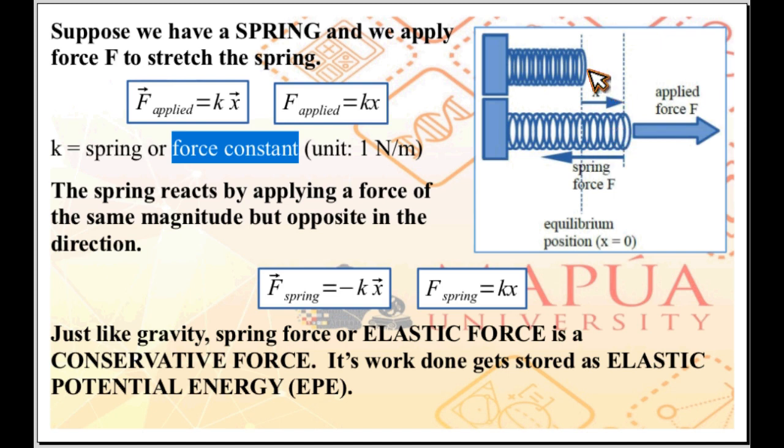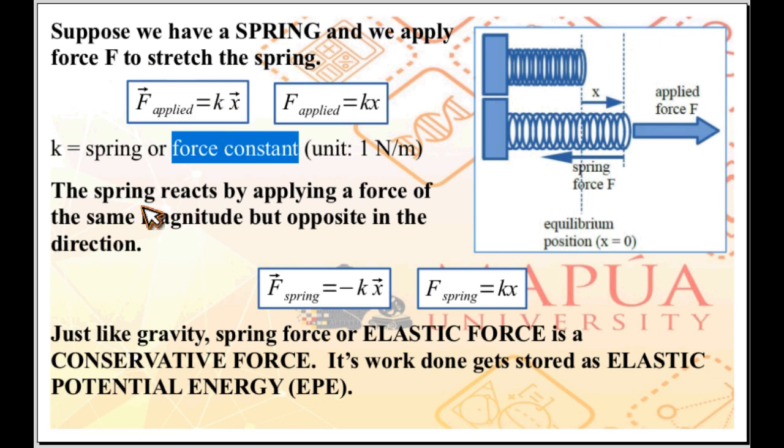If the force was stretching the spring, the deformation will be heading in the direction of the force. The spring will be stretched in this direction. If we are compressing the spring with force F in this direction, the deformation will also be in this direction. F applied is equal to kx.